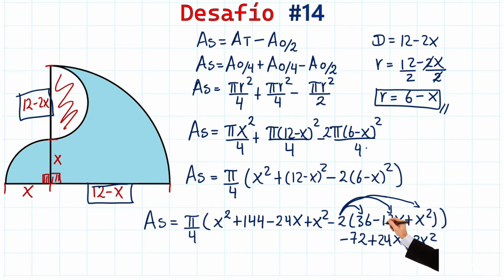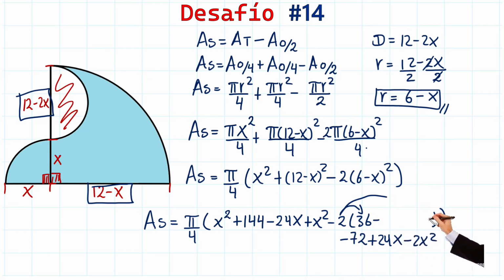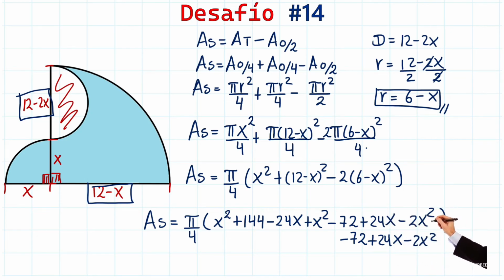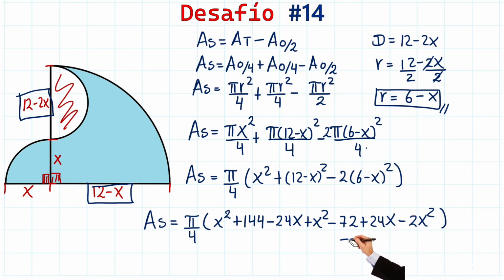Excellent, right? So we can erase this here and replace it with this here. We delete, then we erase this here, and we are going to put minus 72 plus 24x, and finally minus 2x squared.